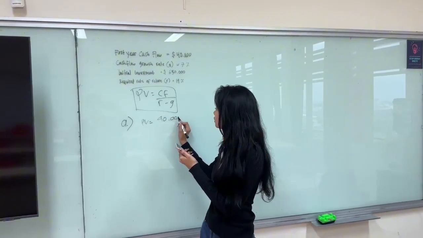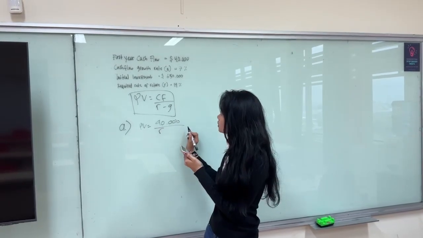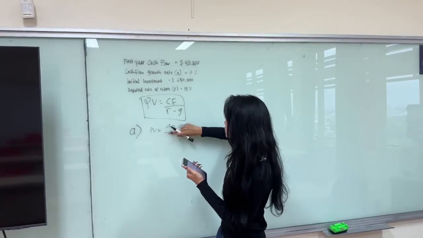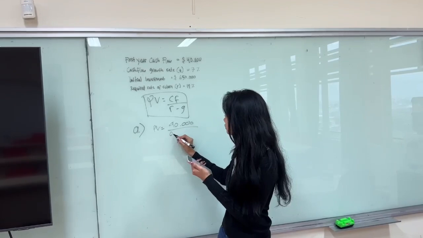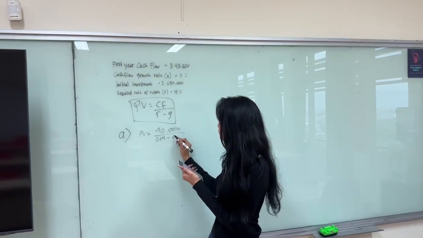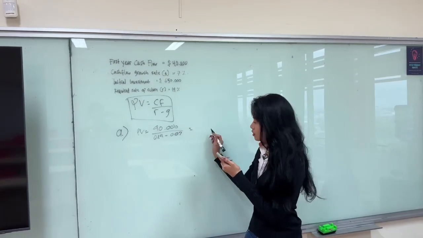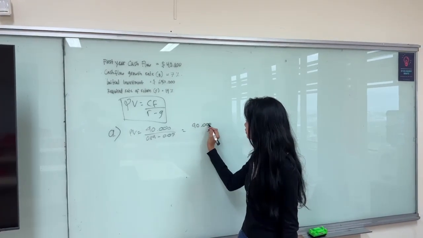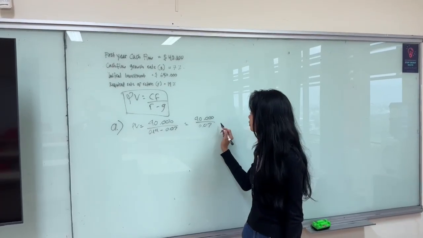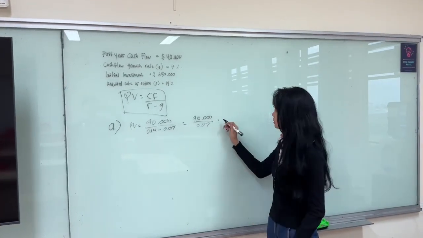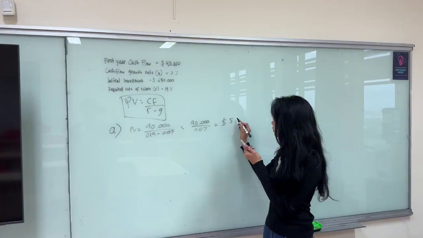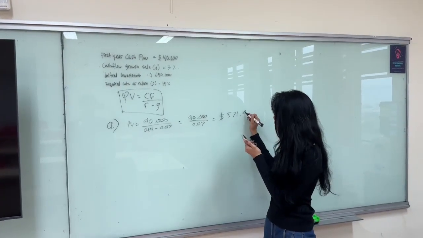So 40,000 divided by R, which is this one, minus G, which is this one, equals 40,000 divided by 14 minus 7, which is 7. And the result will be 570.428.